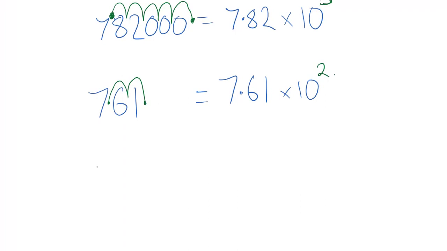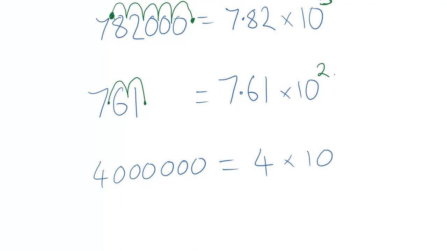So what about 400,000? Well, this time we want the number between 1 and 10 to be 4, and we have to count how many spaces we've moved it. So that means it would have been there, look. Okay, so 1, 2, 3, 4, 5, 6. So this is going to be 4 times 10 to the power of 6.